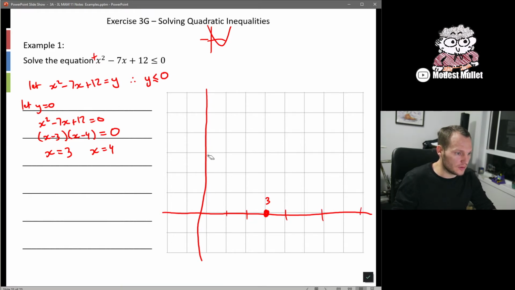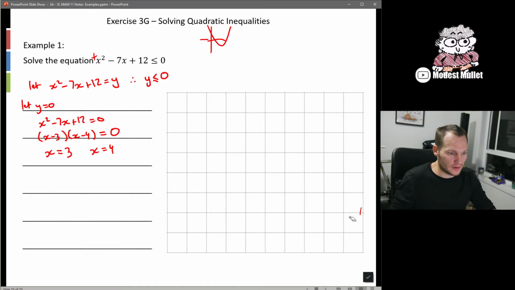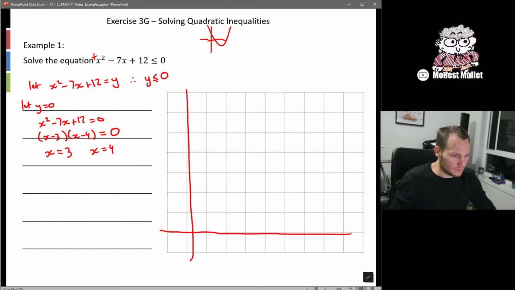Let's take this across. Hold on, sorry. I want to make the graph nice and clear for you all. I'm going to call that one 4. Okay, my intercepts are at 3 and 4.